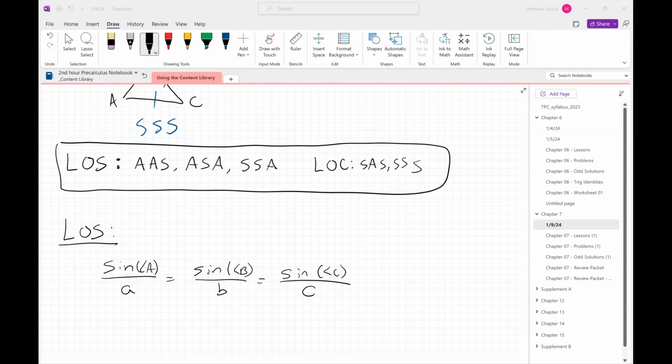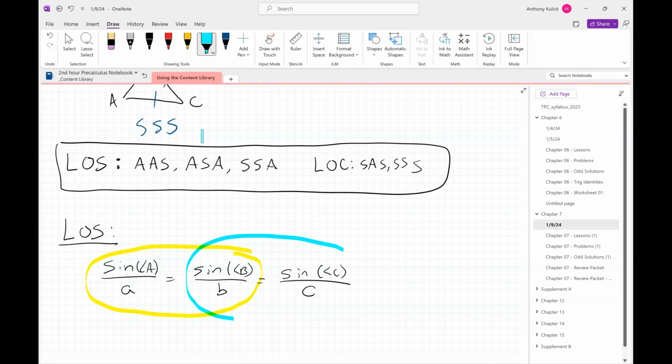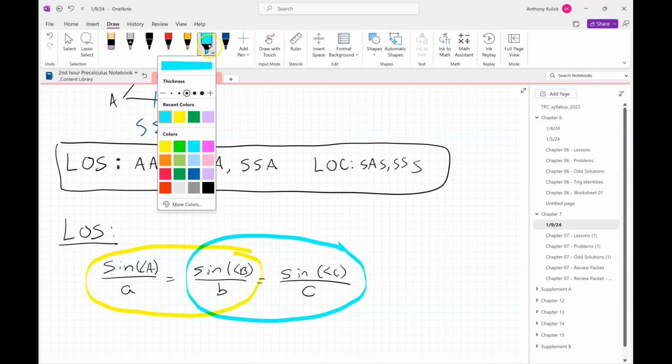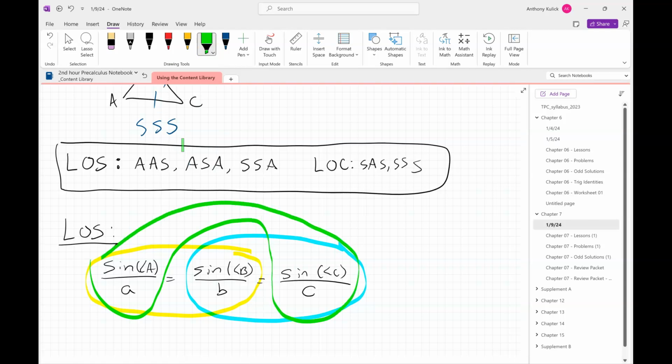Now, when you're actually doing the problem, you're only ever going to use two of the ratios, right? So when you're doing a problem, you're just going to be setting two of those fractions equal to each other.